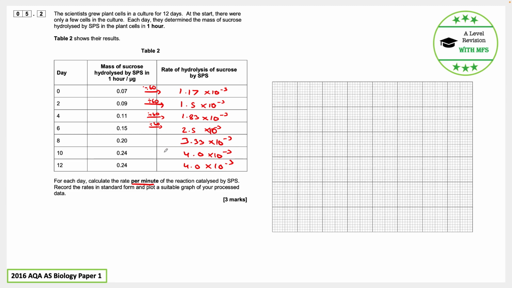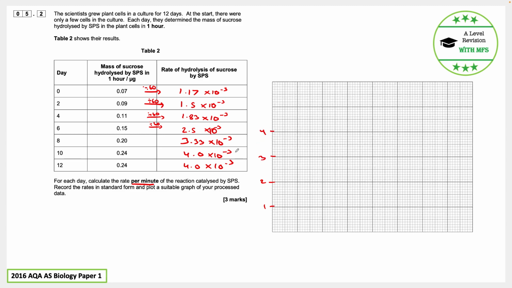Okay, that's your rates. Now when you're plotting a graph, as you can see, all of these are times 10 to the power of negative 3. So we can just label our y-axis with the times 10 to the power of minus 3, and we can then label each of these big squares as just 1, 2, 3, and 4.